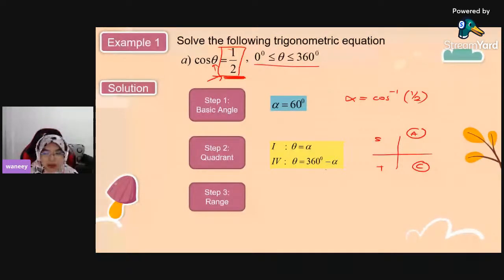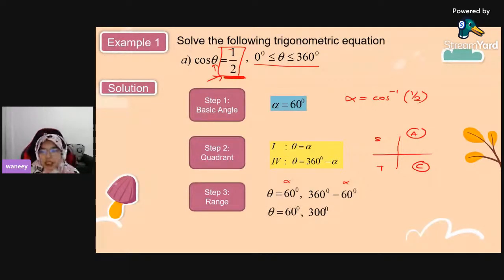Right, so now let us see what theta is. Theta is equal to 60, so this is when theta is equal to alpha. Another one is in the fourth quadrant, where we have 360 minus alpha. The value for this one, 360 minus 60, is equal to 300.